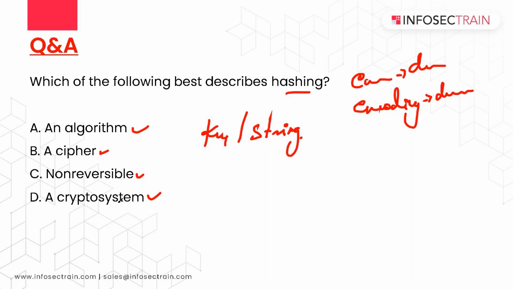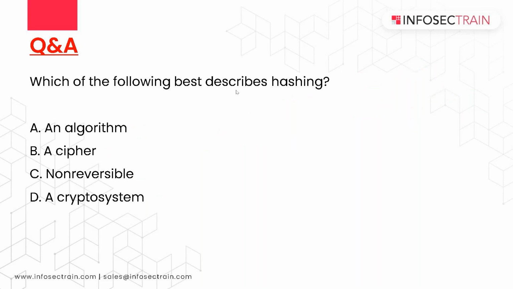Then we have non-reversible; as we discussed previously, hashing has the property of being irreversible. Then the cipher is related to encryption and decryption. So the correct answer is non-reversible, option C.